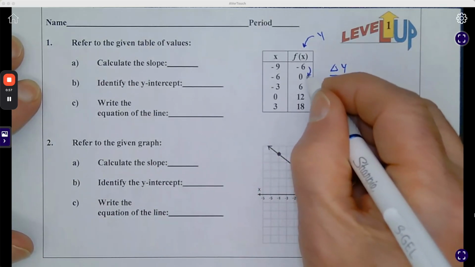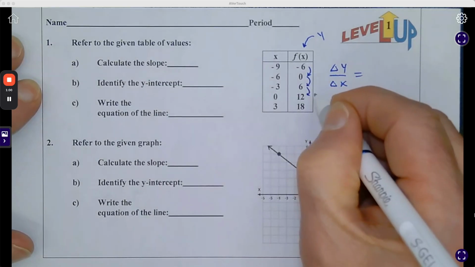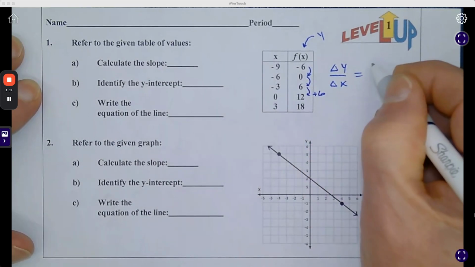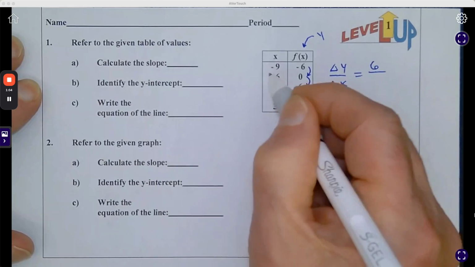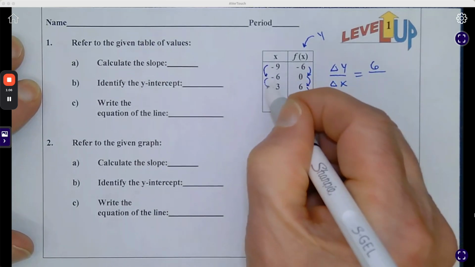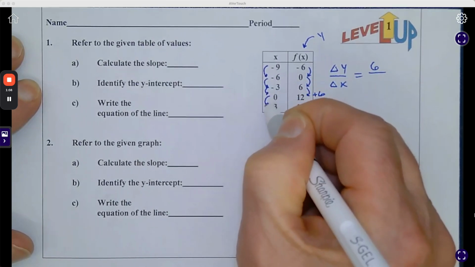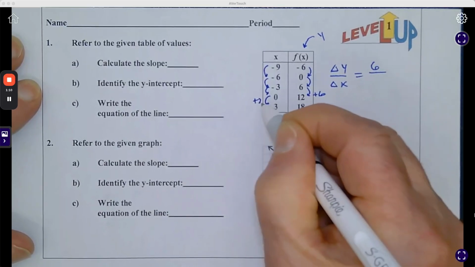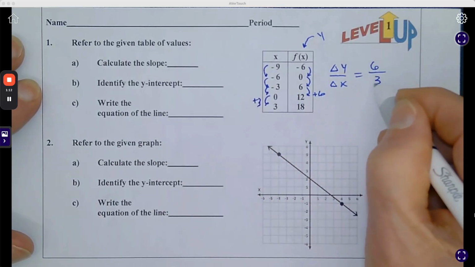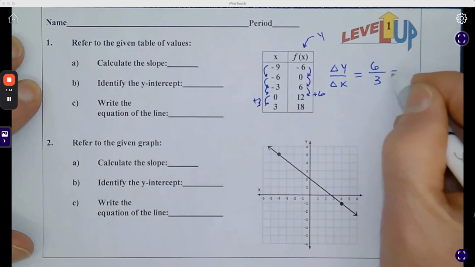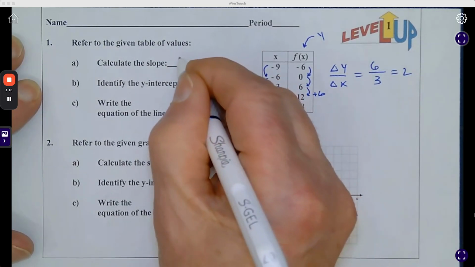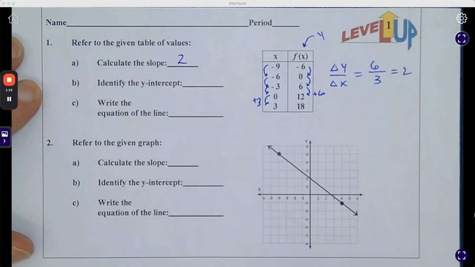Notice the y is changing by adding 6. The x is changing by adding 3. Make sure you reduce those slopes. That ends up just being 2. You can write it as 2 over 1 if you want.